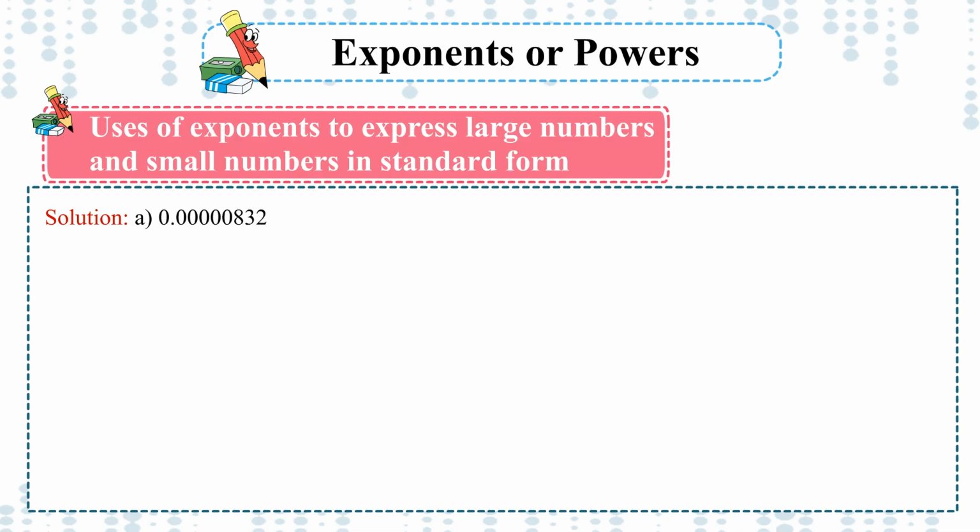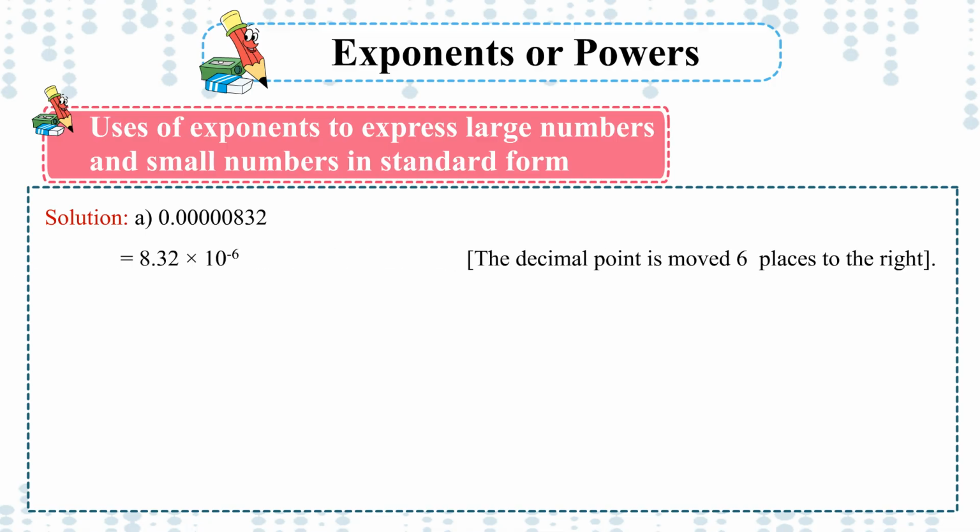Solution. a. 0.00000832 is equal to 8.32 × 10 raised to the power minus 6. The decimal point is moved 6 places to the right.